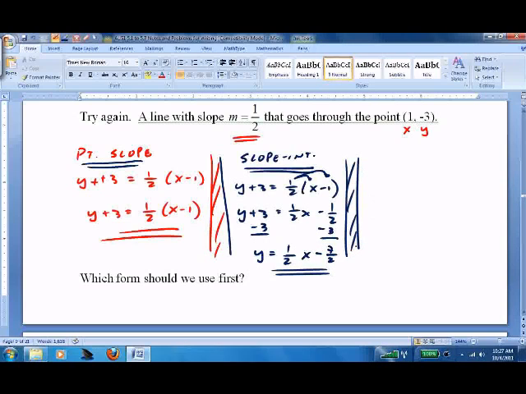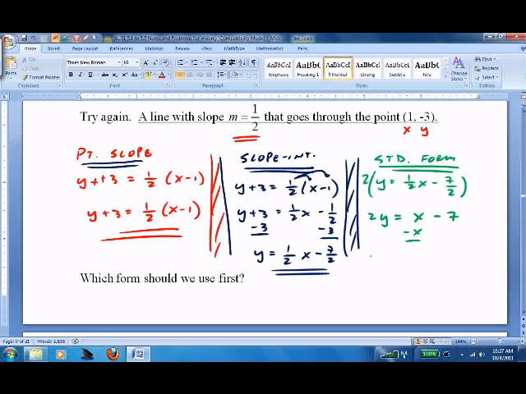One to go, and that is standard form. y equals 1/2 x minus 7/2. I don't like the fractions, and like I showed before, I can multiply by anything I want. So I'm going to multiply this entire equation by 2. I get 2y equals x minus 7.